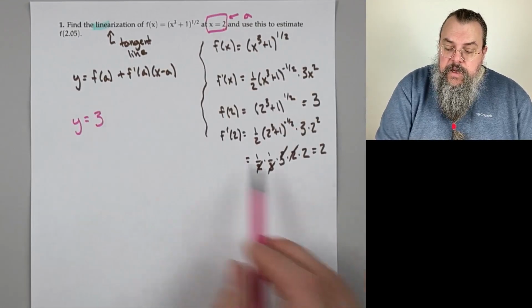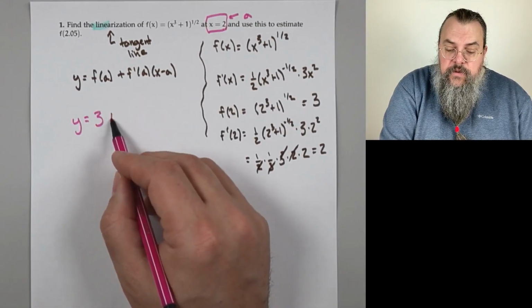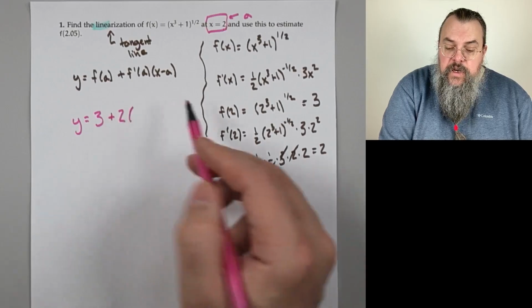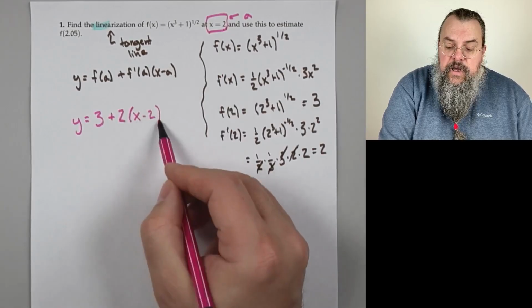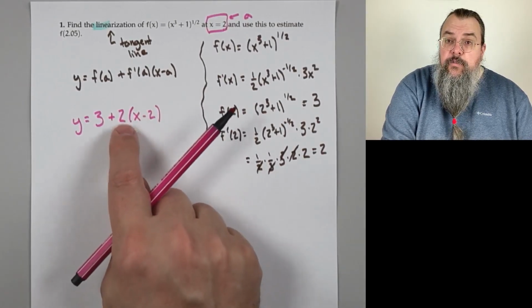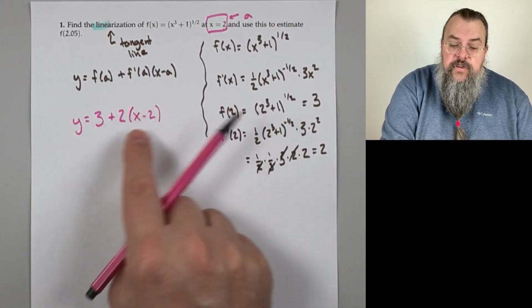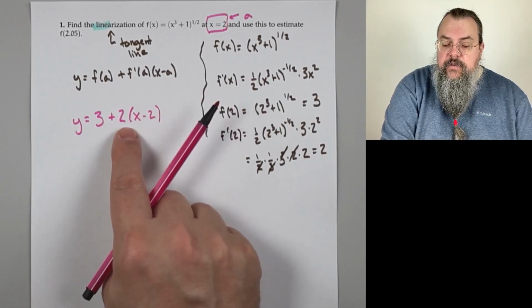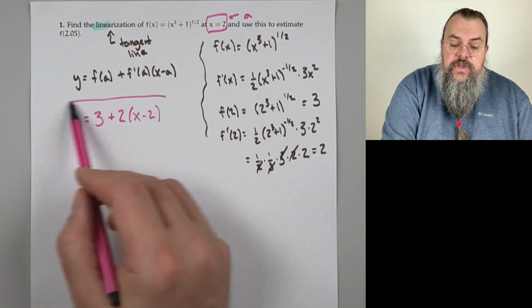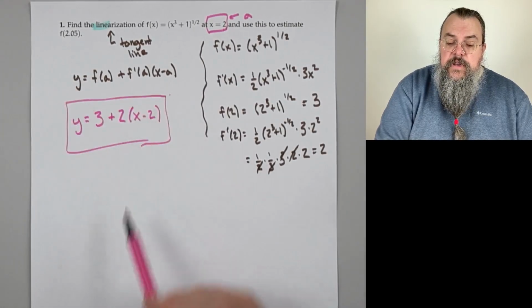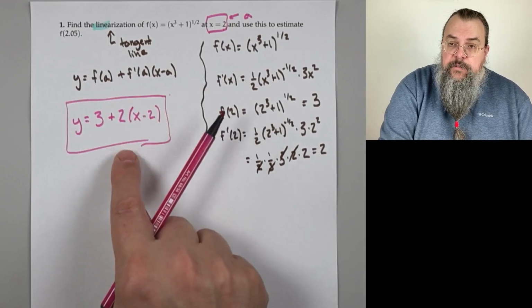F prime of a is 2. So 3 plus 2, and then because a is 2, x minus 2. Now I like to leave my linearization in this form. Now you could expand: this says 2x, then minus 4 plus 3 makes minus 1. But when you're doing linearization, it's actually better to leave it in that form. Okay, so that's part of our answer.